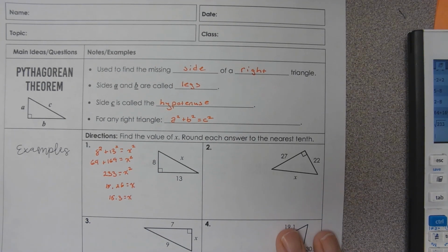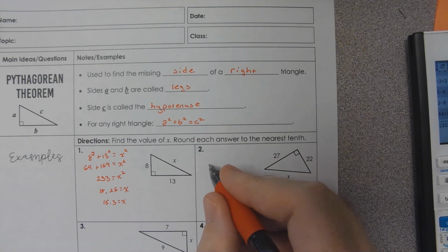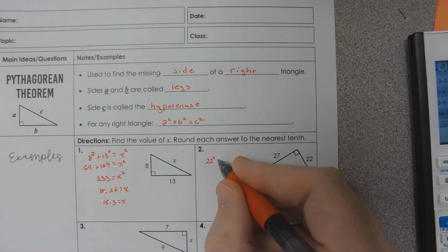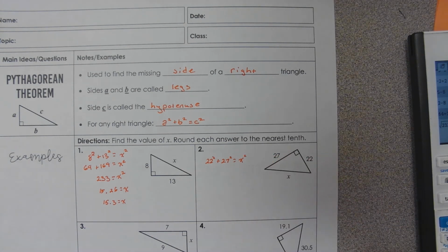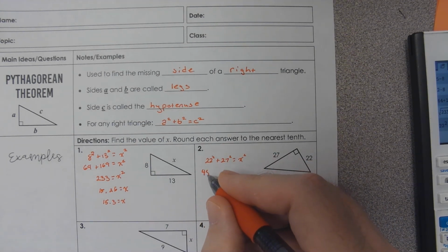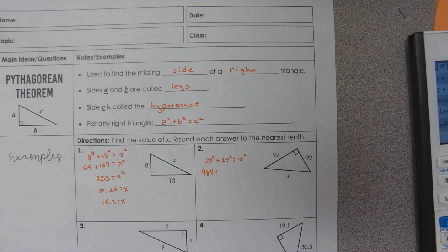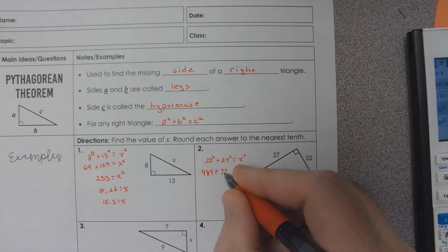Now, again, we've got the legs, so that's 22 squared plus 27 squared equals x squared. I don't know these ones off the top of my head. So 22 squared is 484. 27 squared is 729.